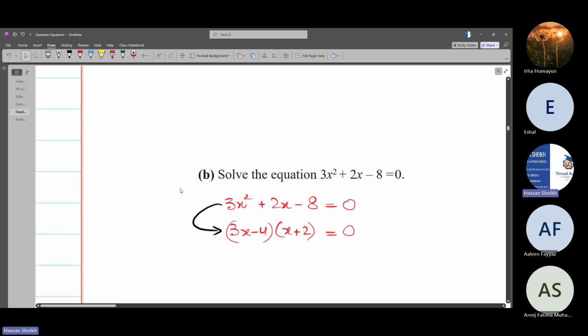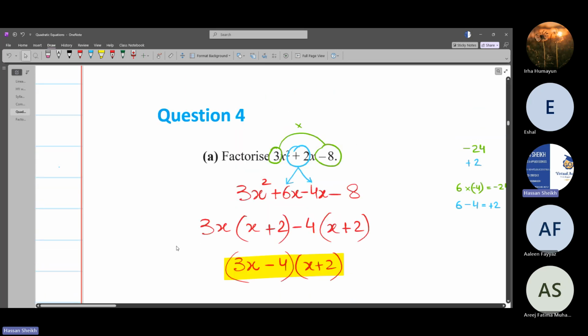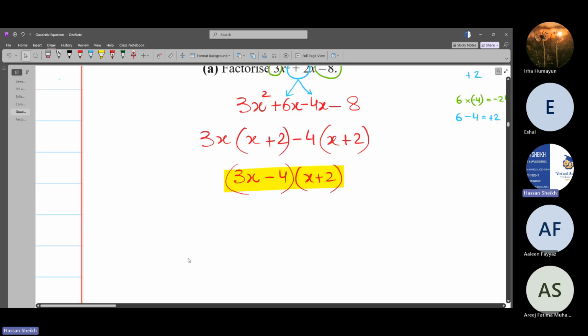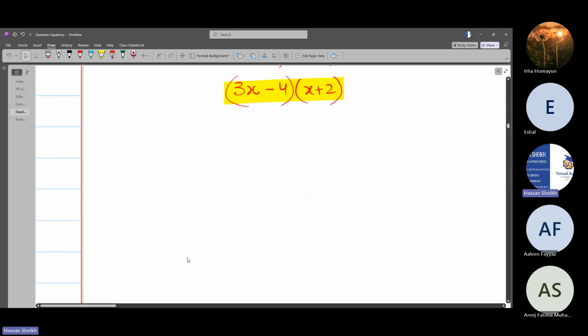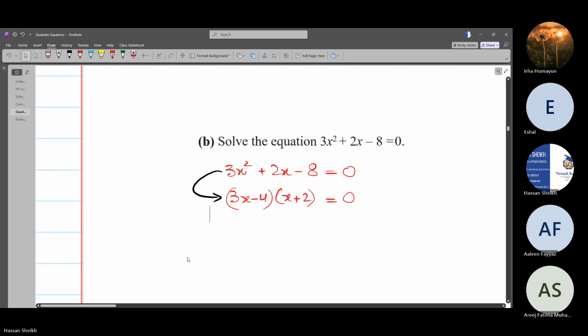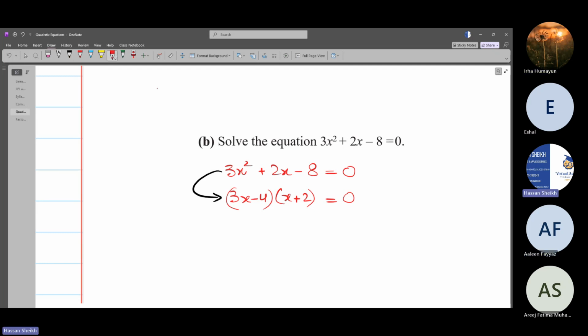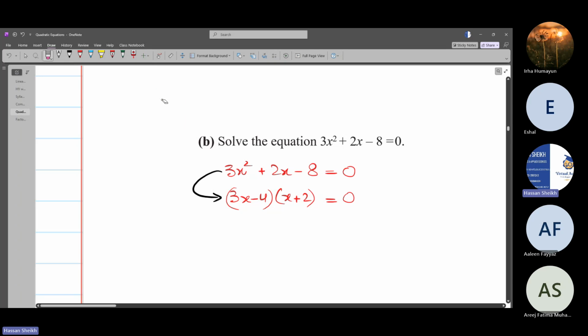Agree? Because this is the answer from the previous part. Did we factorize this quadratic expression 3x squared plus 2x minus 8 into 3x minus 4 times x plus 2? Agree? Yes.